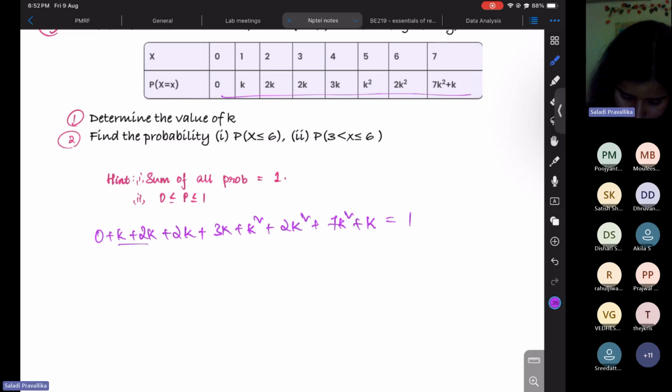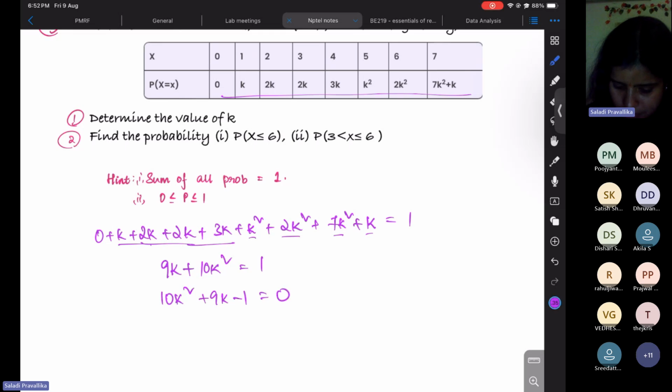So k plus 2k, 3, plus 2, 5, 8, and 9: 9k plus 10k square is equal to 1. I can rewrite it as 10k square plus 9k minus 1 equal to 0.